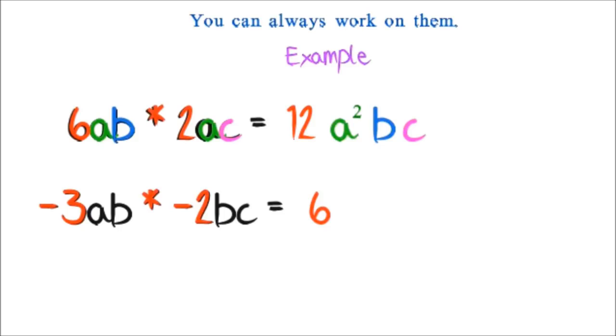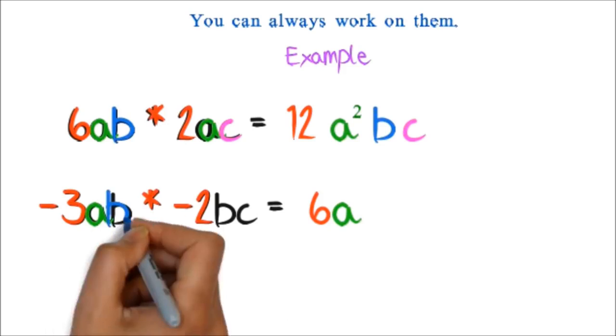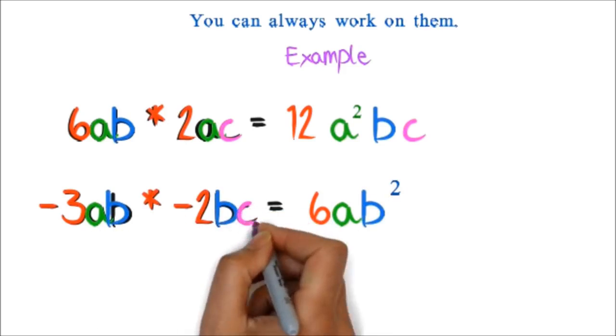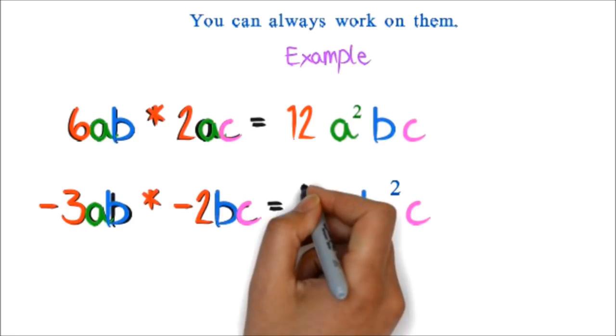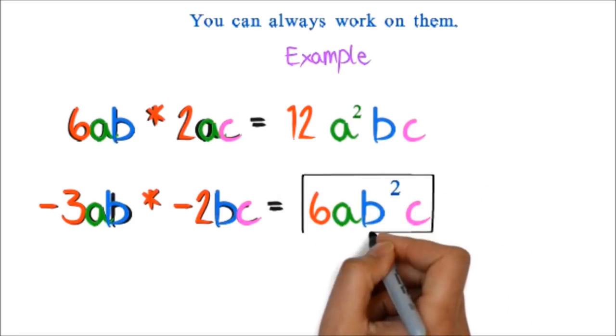Next, we look at the occurrence of the letters. The A occurs just once. The B occurs twice. And the C occurs once. So our final answer is 6ab squared c.